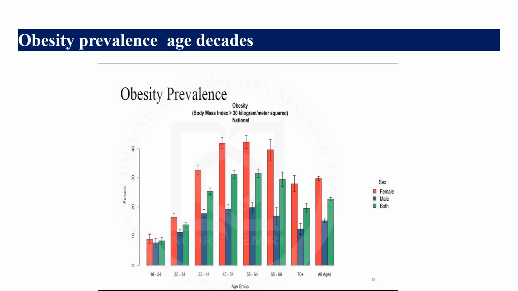Now, this reflects the fact that the older population probably was at a time when obesity was less, and eating habits were different, and the fact that as you get older, as we shall see shortly, obesity is associated with increased mortality, and patients may have died, therefore giving a false impression of a lower rate of obesity in this population.